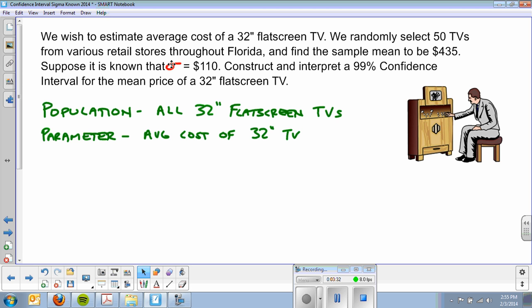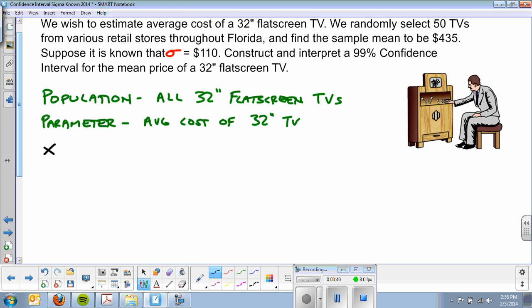We don't know that number, so we're using a confidence interval to predict that. Now, I'll label some variables. X bar is $435. Sigma is $110, and n equals 50. 50 TVs, there's your x bar, and there's your standard deviation.